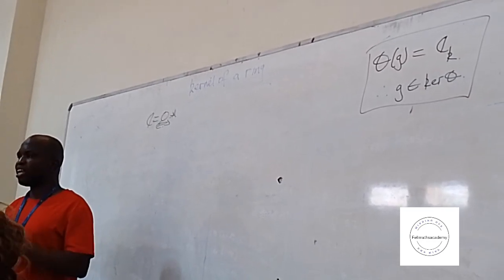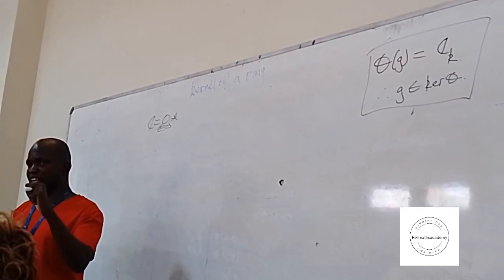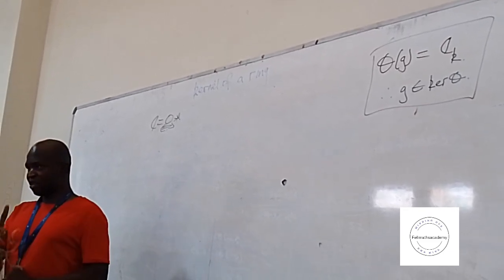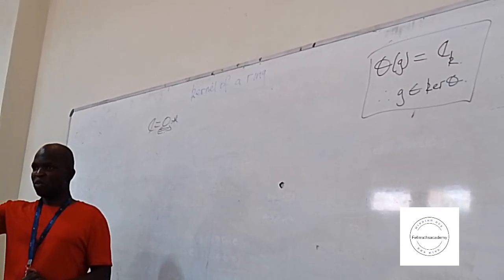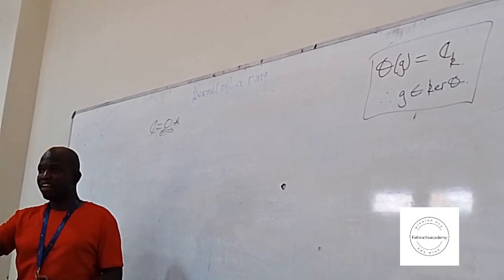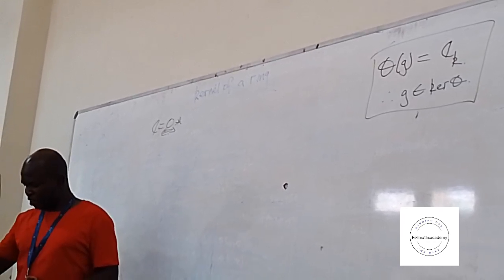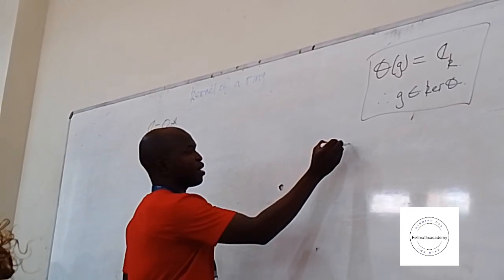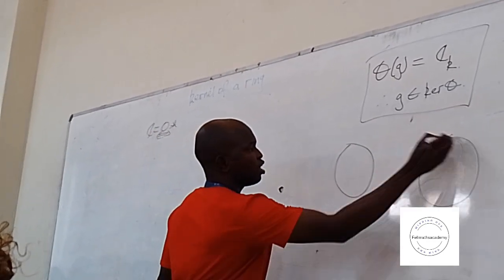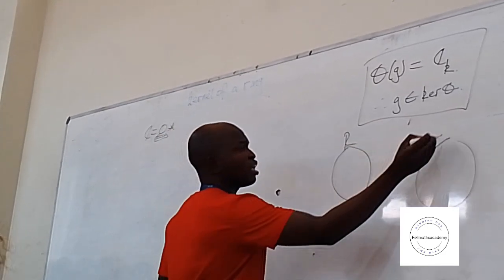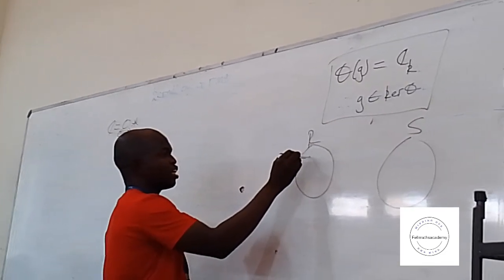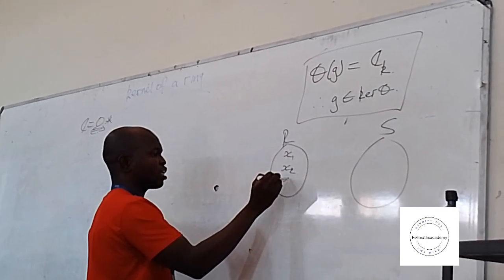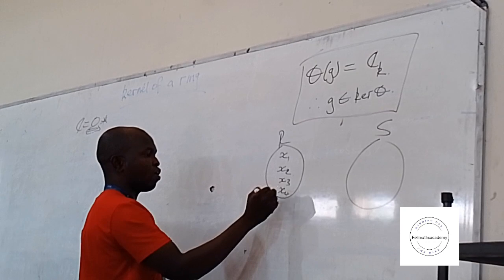So we are saying any member of a ring R can be mapped to 0 in another ring S, and that member is in the kernel of theta. We have two rings, R and S. R has elements x1, x2, x3, x4.